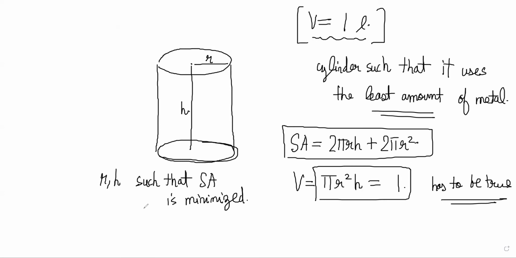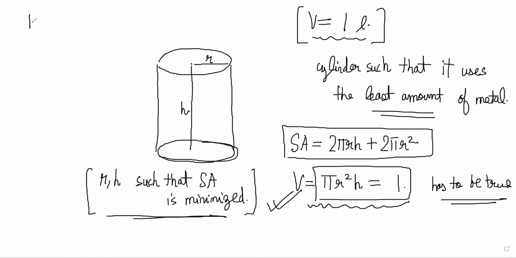Do you understand that this is a really practical problem? Any company has to solve this problem, otherwise they will be wasting their money, right? So this is again a place where calculus will tell you the answer. Otherwise, you can think of whatever you want to do, but you will not get easy answers, because this part has to always be true while you have to reduce this.